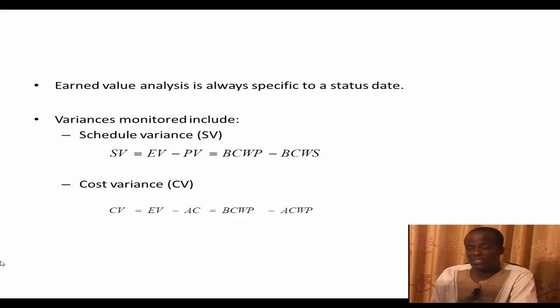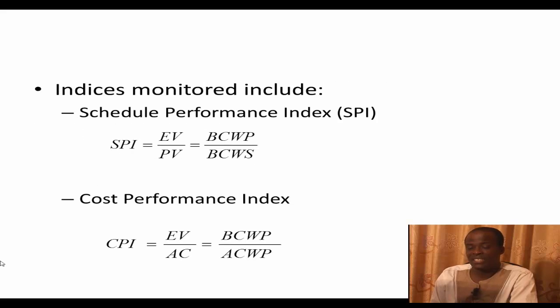However, if it's positive, it gives you an indication that you are on schedule. In the same way, when the CV is negative, it tells you you are overspending up to that status date, that you have spent much more than you expected to spend. And if it's positive, it tells you that up to the status date you are within the budget.